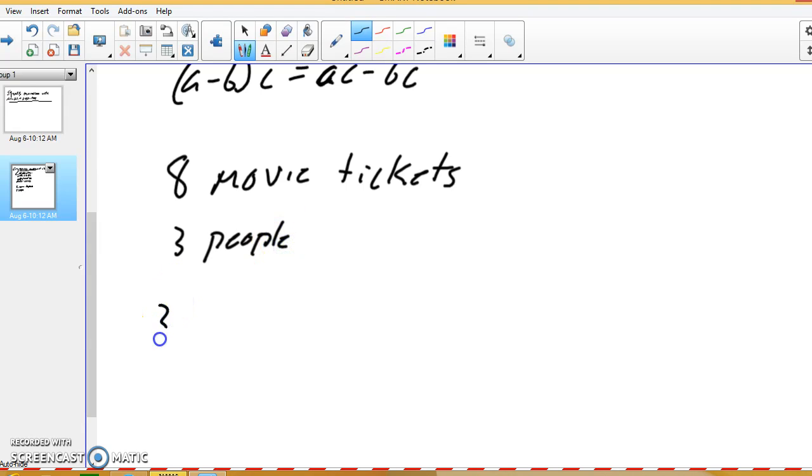So you might think, oh, 3 times 8, that's equal to 24. So it's going to cost me $24 to buy $8 movie tickets for me and my 2 friends.